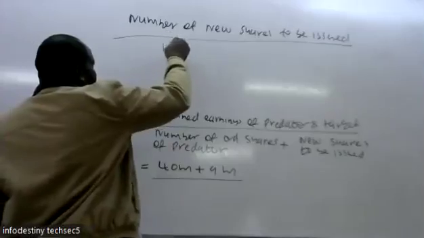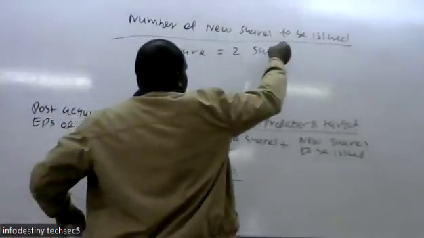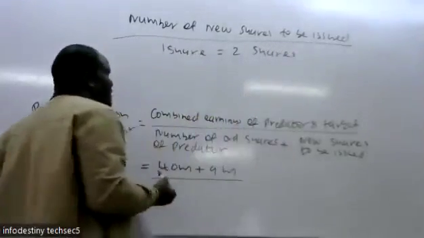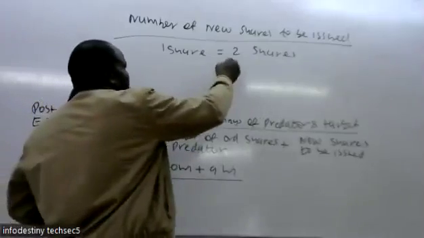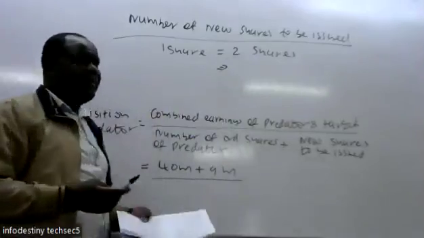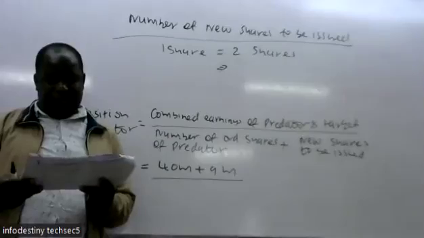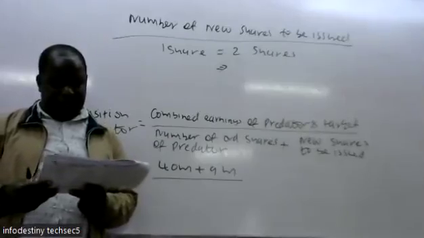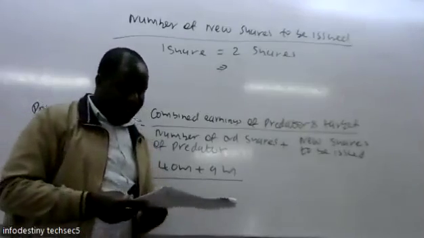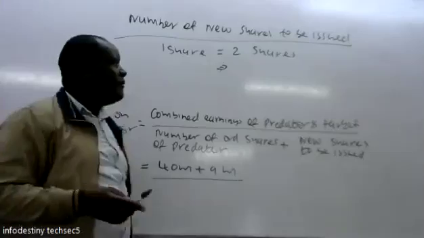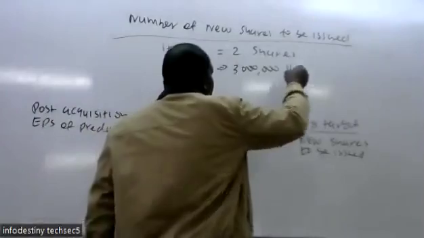So for every 1 share, we exchange it with 2 shares. The target is B Limited. B Limited has 3 million ordinary shares outstanding.